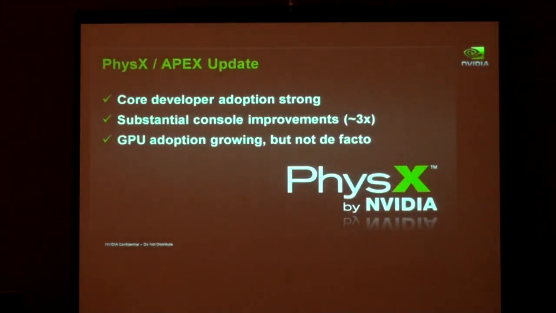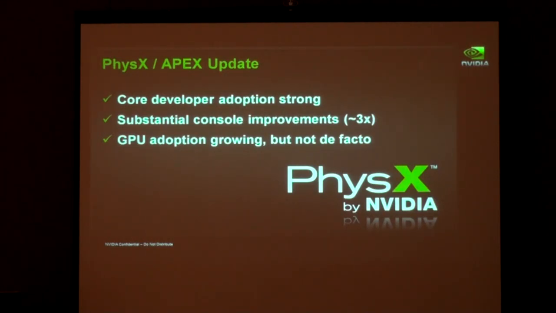Here's an update on where we are with PhysX and Apex. We have a lot of adoption of PhysX, and we'll show you some numbers. We've made a lot of console improvements over the last year, up to 3x in some cases, more in some particular modules. The GPU physics adoption is growing. You'll see games like Batman, Dark Void, we showed you Metro, and there will be more games.